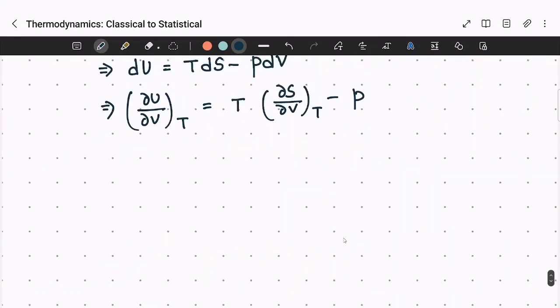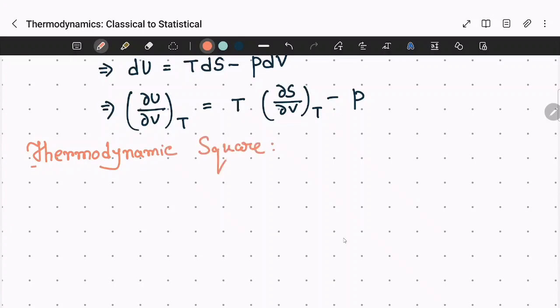So here I will discuss the thermodynamic square. There is a concept, this is a kind of trick to calculate these differentials.